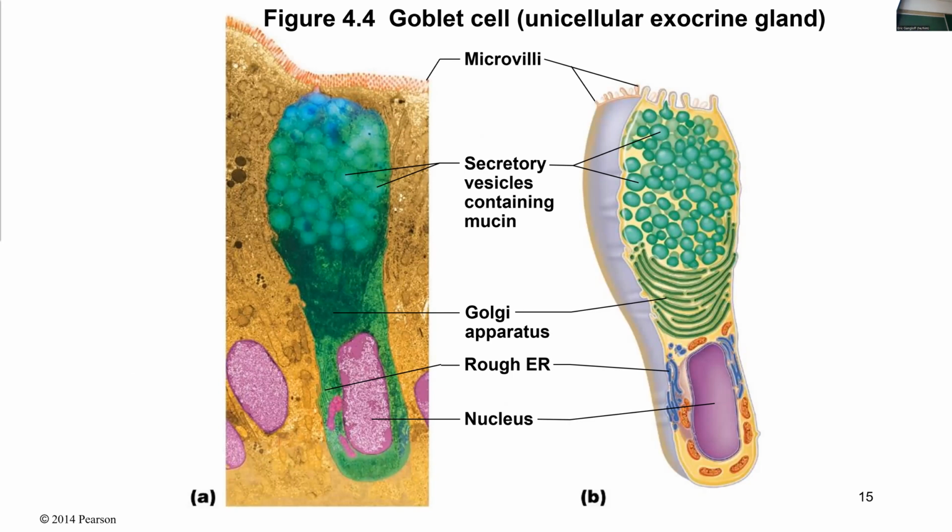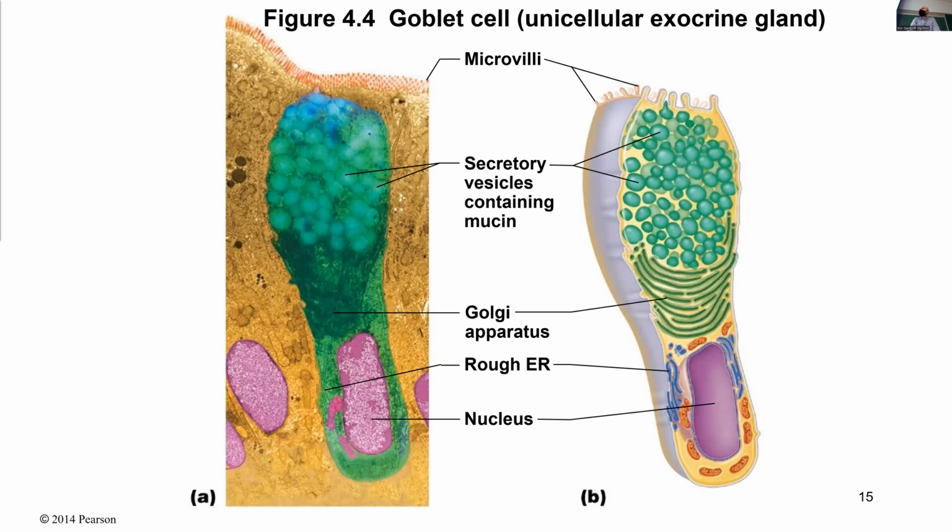And you can see here how it has this big vesicle, this big open area with all of these vesicles that contain mucin, and then they can pop out of the top of the cell. So I just wanted to show you what that looks like, because I didn't include this diagram in Wednesday's lecture. Again, that one is from the book, so you've got that one as well. In fact, it's figure 4.4 from the book.